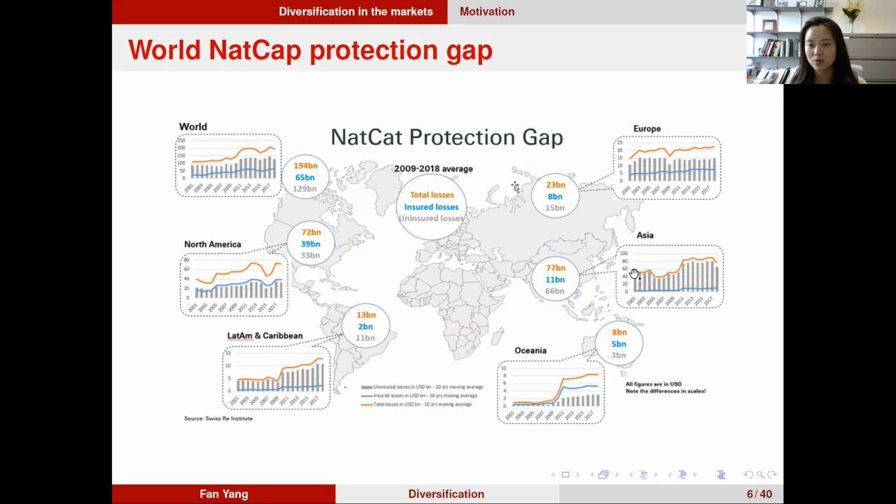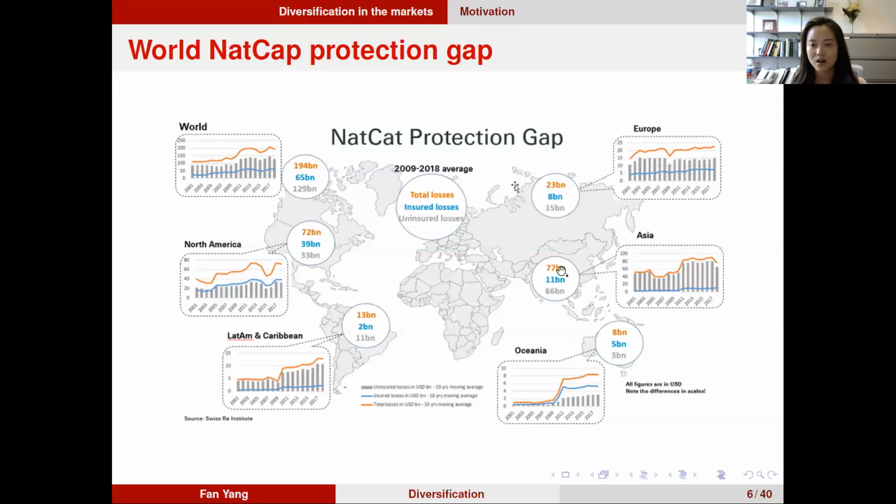It has total losses of up to $77 billion, but the insured loss is only 11. So $66 billion is still uninsured. That part of the losses is uncovered. North America is better.